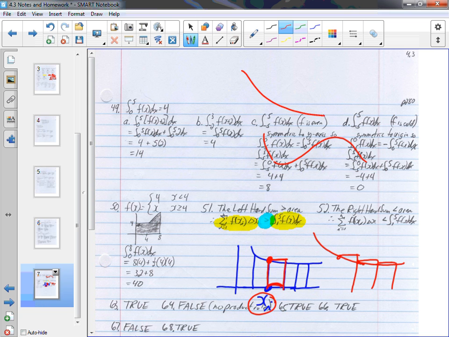But if it's always up, then the left-hand sum, which is what they're telling us, since xi is the left edge, the top of the rectangle is always above the graph, so that sum will be greater than the actual area. Follow me? Make sense?